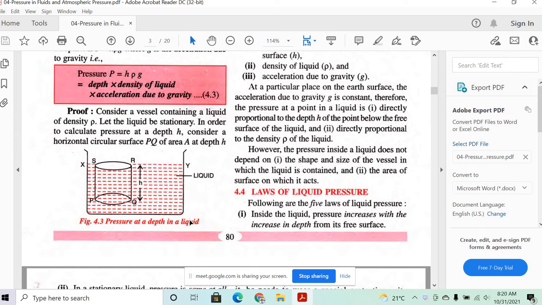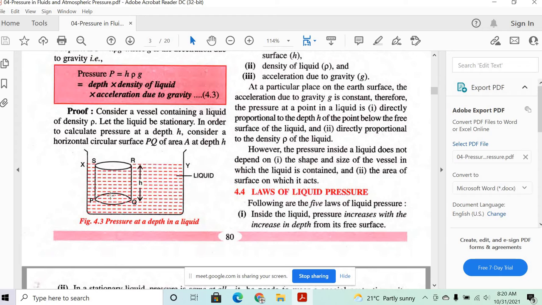Now we'll consider an imaginary cylinder, PQRS, inside the liquid, with a cylindrical surface PQRS. This is just to make sure that our volume calculations become simple.